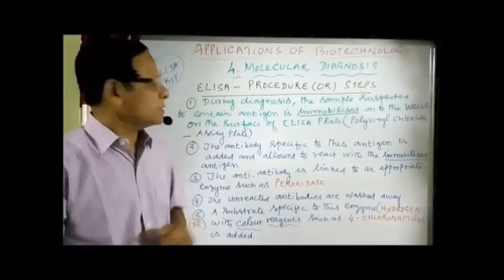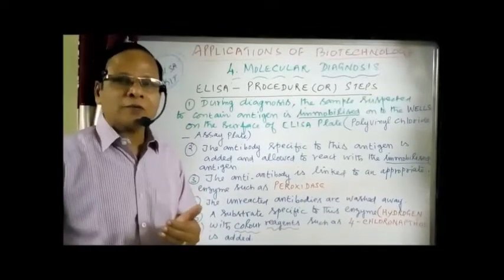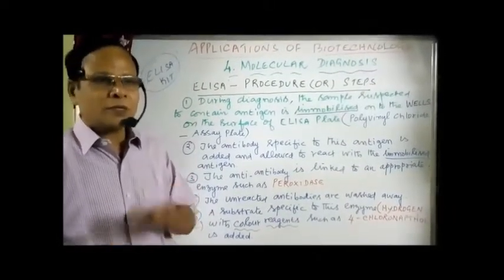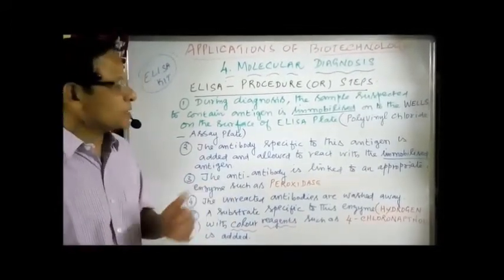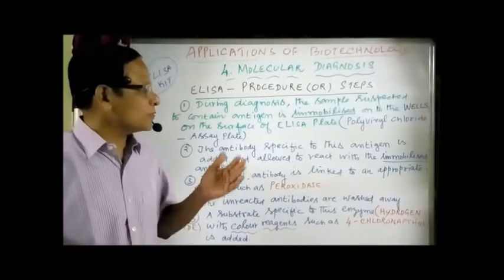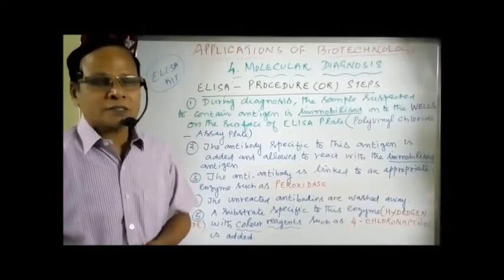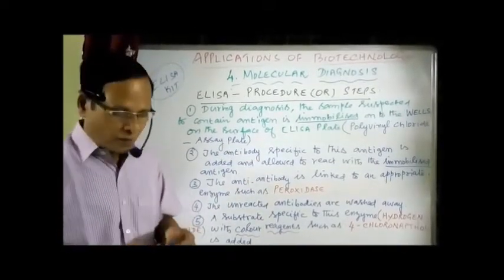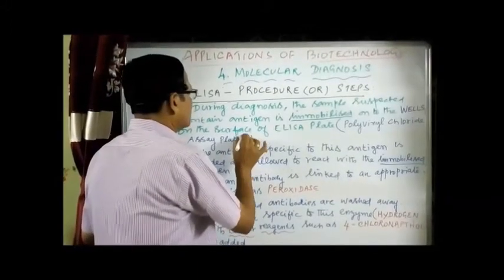I mentioned already the word sorbent, referring to the binding of either antigen or antibody to a plate. That plate is known as the ELISA plate. It's normally plastic in nature, made of polyvinyl chloride. That plate is also called a micro-titer plate or assay plate.